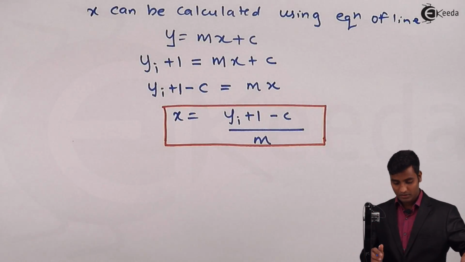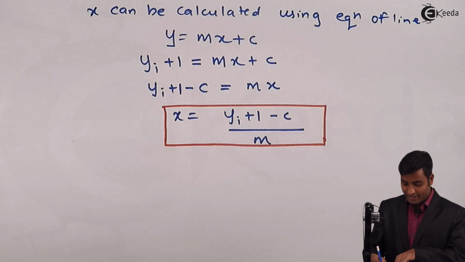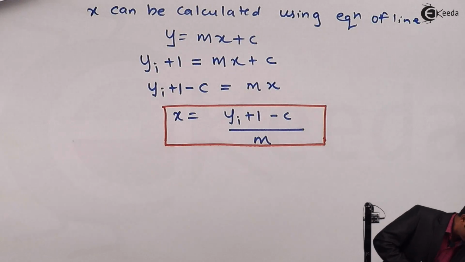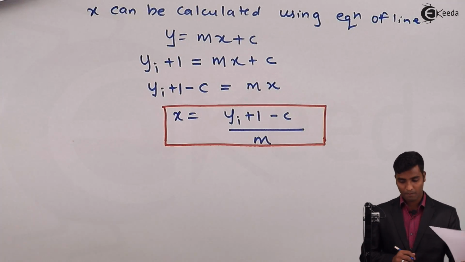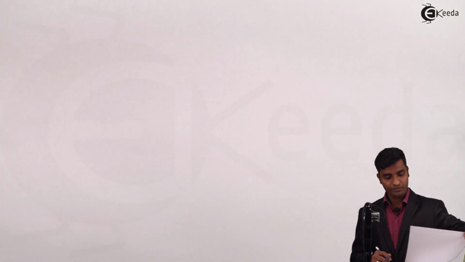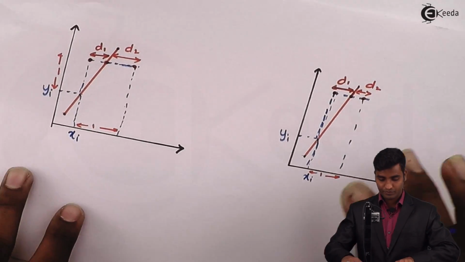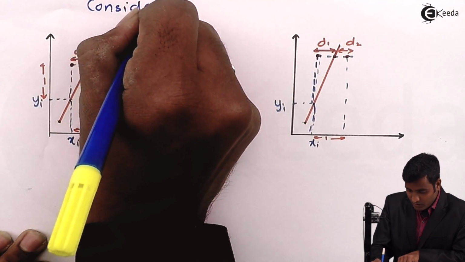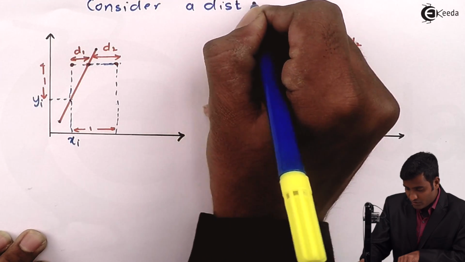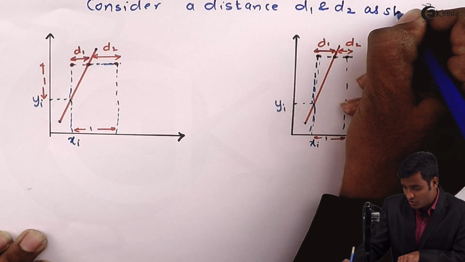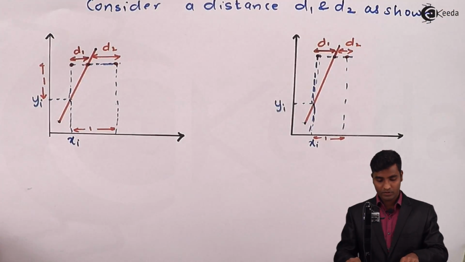So consider the distances d1 and d2 as shown in this figure.